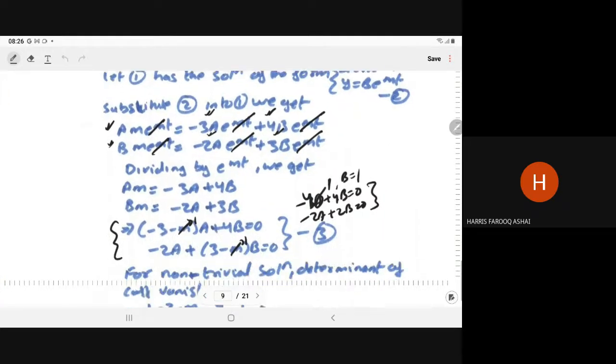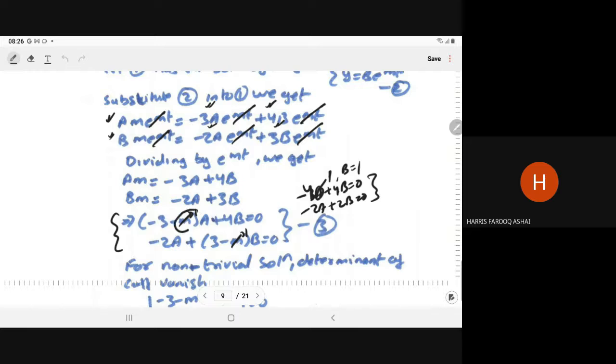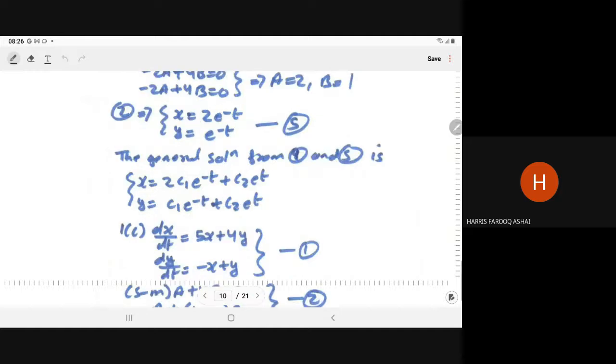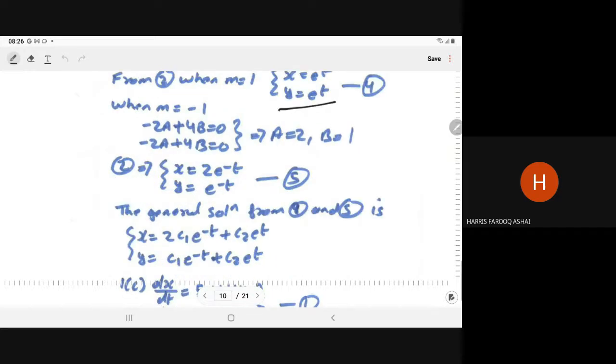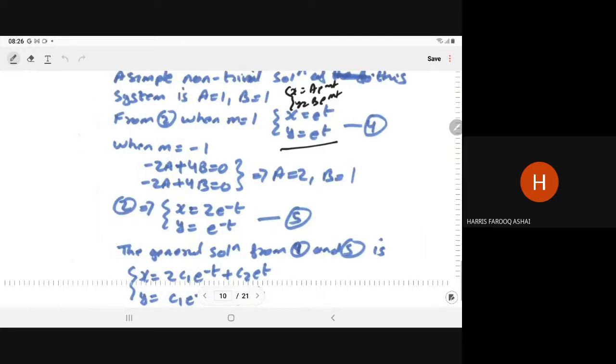When we put m = -1, you will get the equation -2a + 4b = 0. In this case, arbitrarily, you take a = 2. Generally we avoid fractions, so we choose in such a way that you get an integral non-trivial solution.